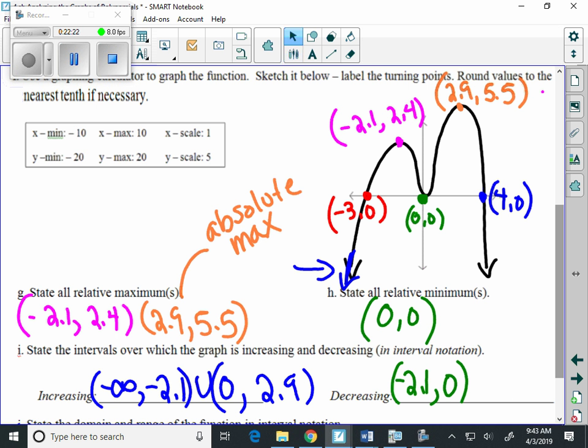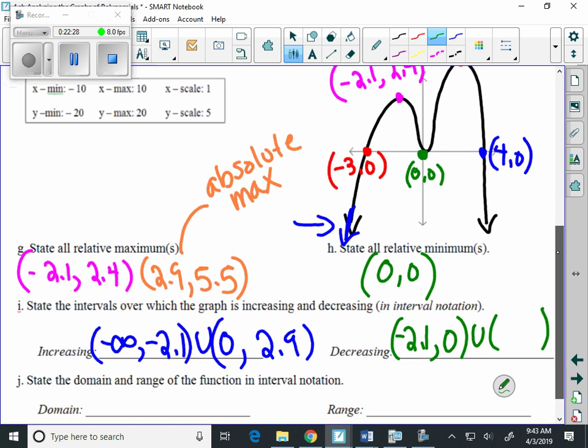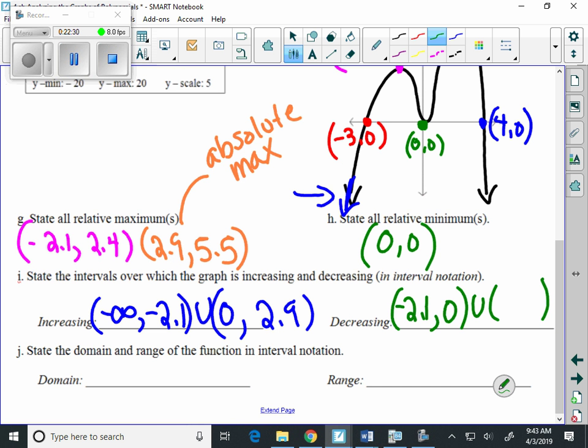So there's the decreasing. So we're going to join this. And where we're decreasing is we're going to decrease from the orange point of 2.9. But we're really going to go to positive infinity. We're going towards the right in the graph. We're not going downward. We need the x value. And the x value is going to be positive infinity. So watch out for that.